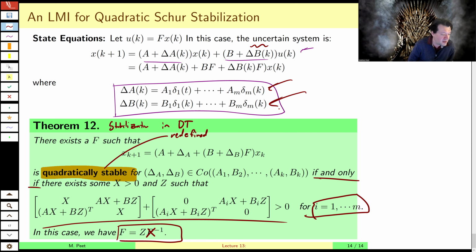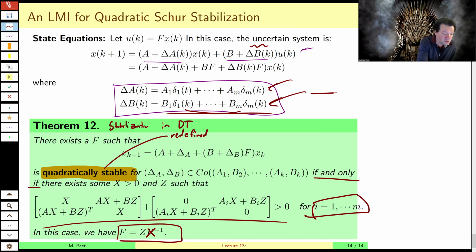They're not always additive. Sometimes the uncertainties multiply, and in that case, these results just don't work. There are SOS results, which are sort of extensions of this, but in general, the power and the necessary and sufficient conditions we went over in lecture 13 don't hold when you don't have this additive linear representation.